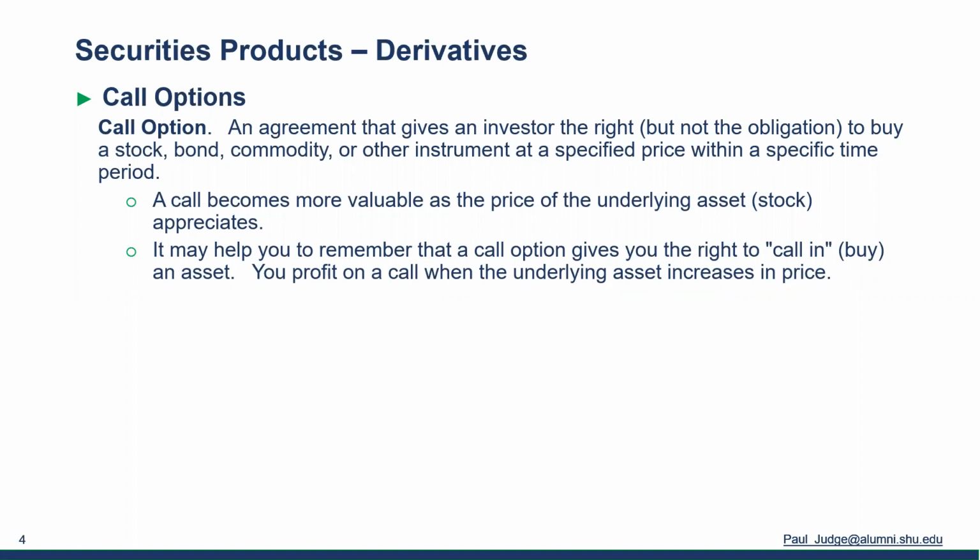So in a call option, let's say the price of a stock is currently $10. You buy the right to buy it at $15 next March. If the price of the stock is less than $15 in March, your call will expire and become worthless, and whatever premium you paid for the call, you lose.